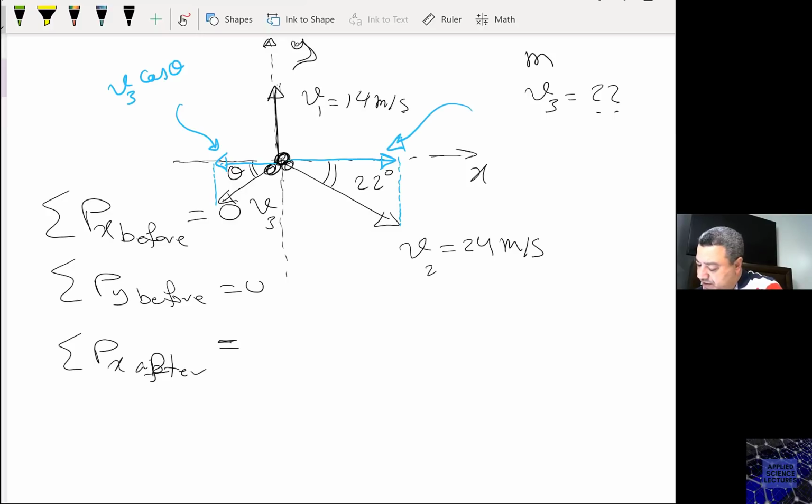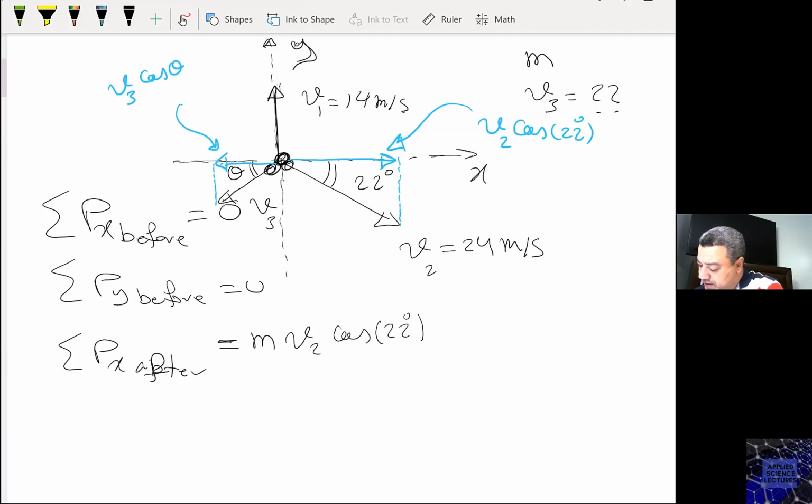This one is v2 cosine 22 degrees. So those are the x's. So let me write them. Positive, so I have m v2 cosine 22 degrees.